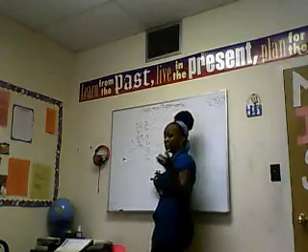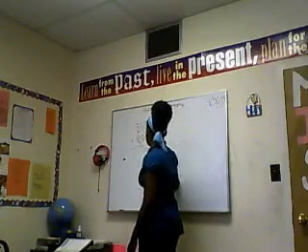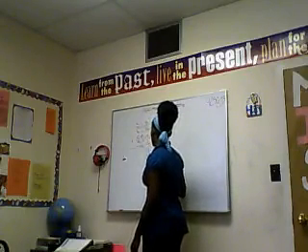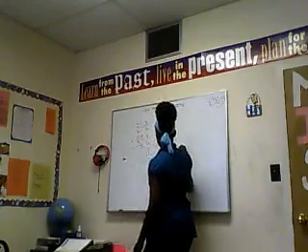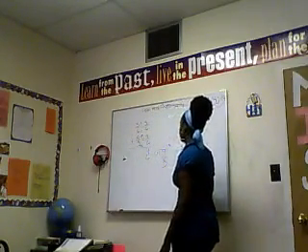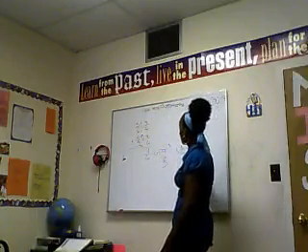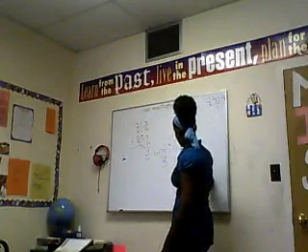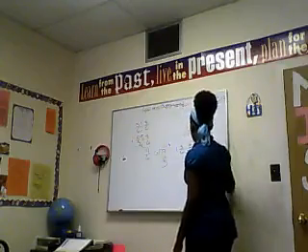Change it to a mixed number. 9 divided by 6 is 1, with 3 over 6. Am I done? No. 3 divided by 3 is 1. What's my answer? 1 and 1 over 2. Very good. Y'all see that?